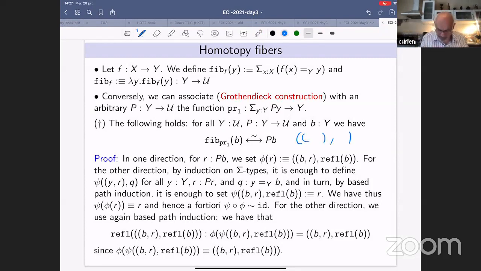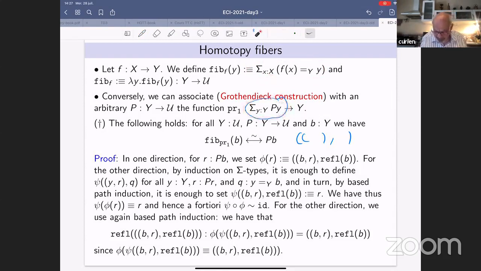The first element in this triple is an element of this type, and the second element is a proof. Here we should replace, in this notion of fiber, X by this type here.